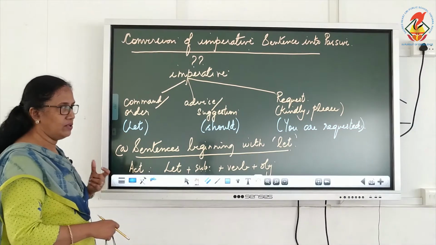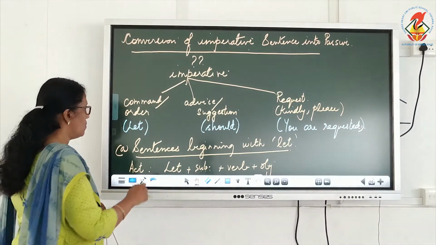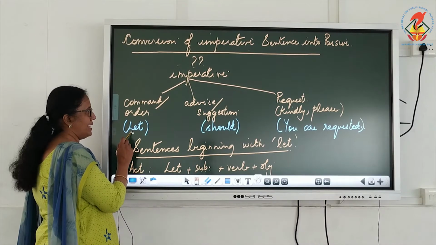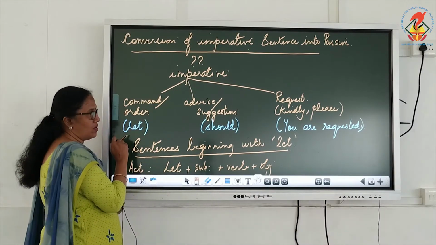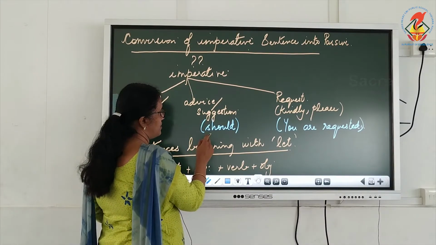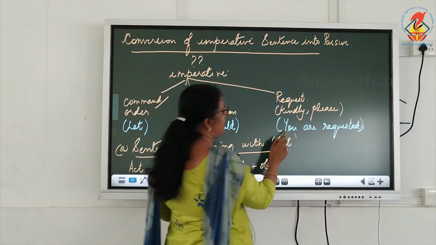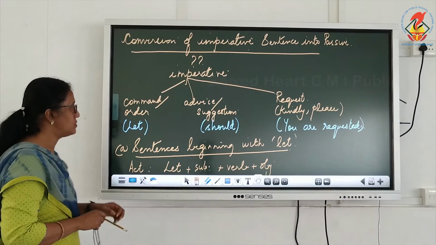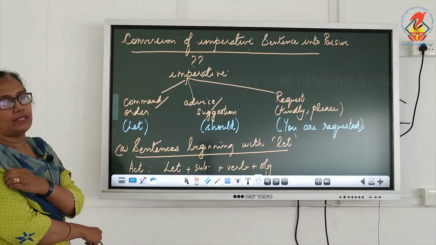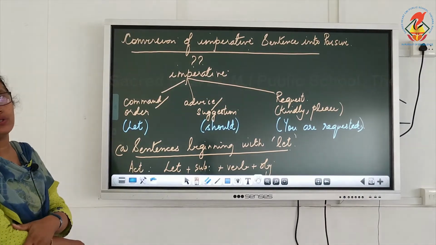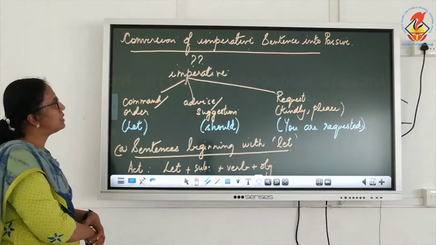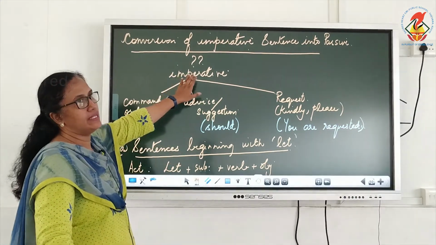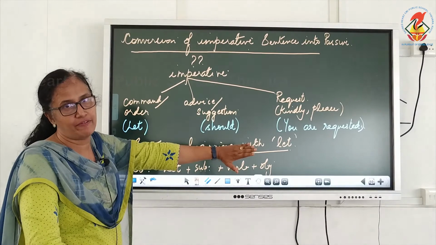Now just have a look at the words I have written in blue. It is let for command or order, should for advice or suggestion, and you are requested to. These words in blue are the words that you are going to be using when you convert these imperative sentences into their passive forms.